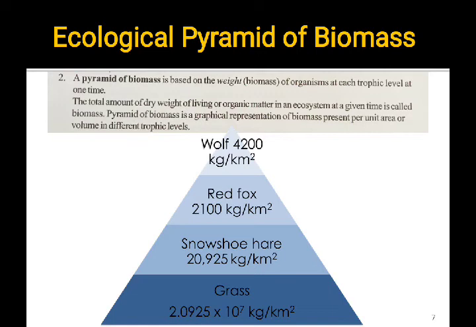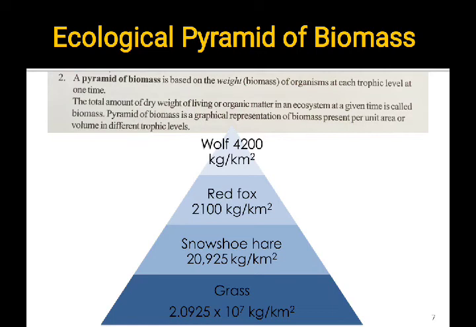If you take an ecosystem, maybe you are considering a jungle, or maybe a park, that this park has so much grass, and the biomass of this is 2.0925 into 10 to the 7 kilogram per kilometer square. I told you that we are going to consider the weight per area.